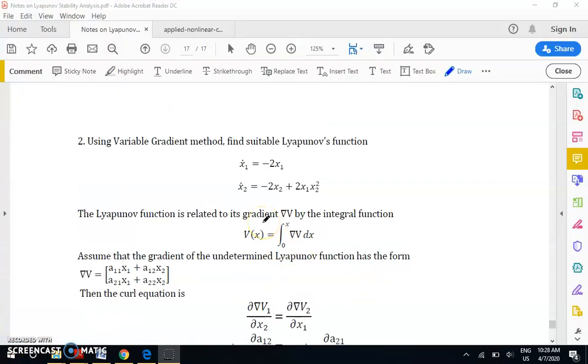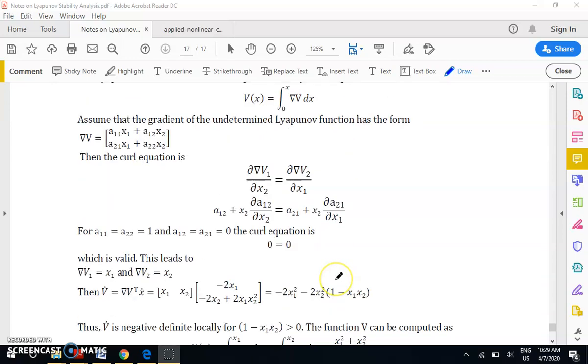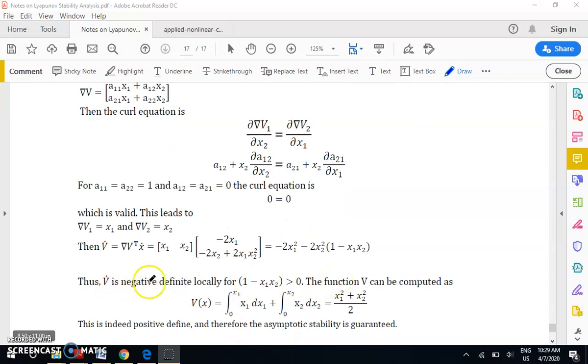Now let us check out another example. x1 dot is equal to minus 2x1 and x2 dot is minus 2x2 plus 2x1 x2 squared. Now when we follow the procedure, we get v dot of x to be minus 2x1 squared minus 2x2 squared into (1 minus x1 x2). Note that this function is negative definite whenever 1 minus x1 x2 is greater than 0.